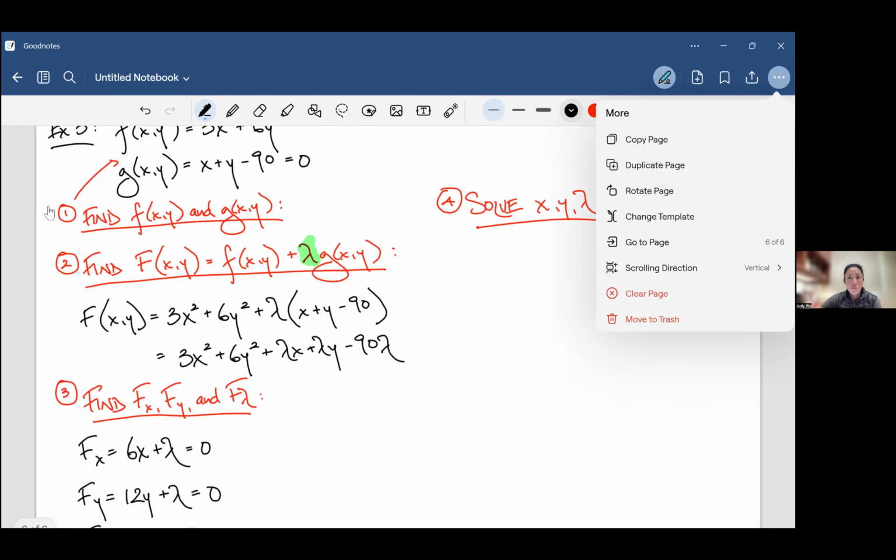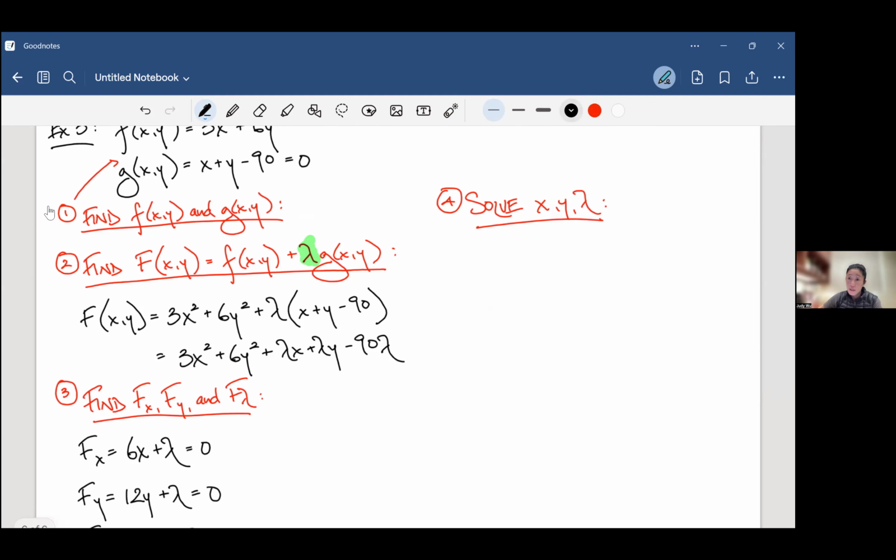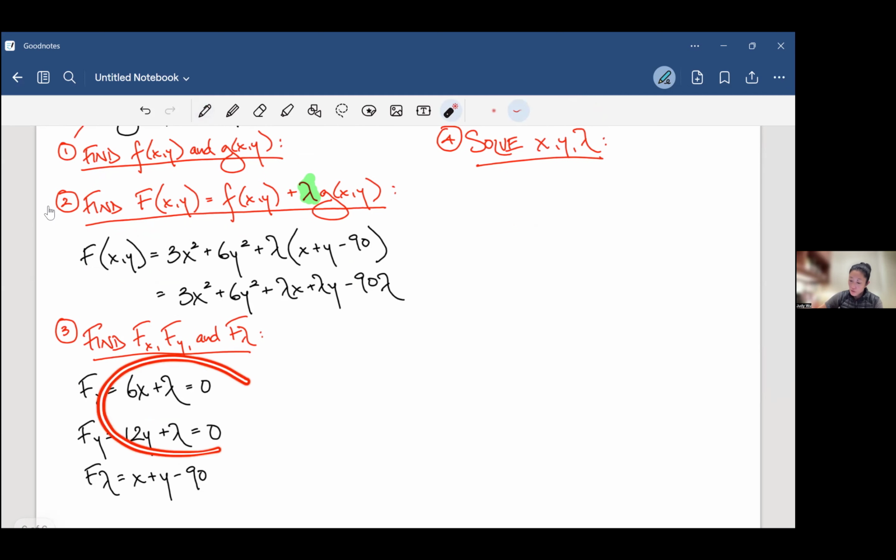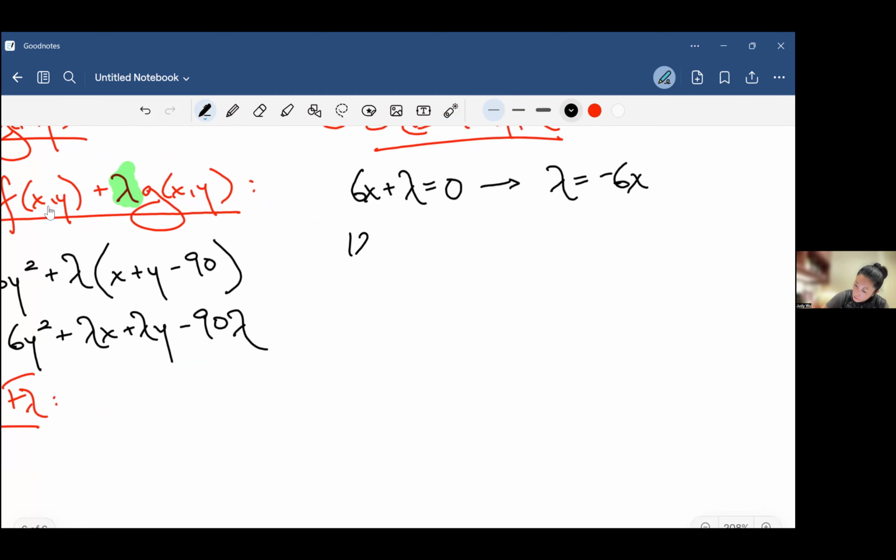One thing I find generally very helpful is to get lambda all by itself in these two equations, so I can usually get x in terms of y or y in terms of x. So 6x plus lambda equals 0 means lambda equals negative 6x. Similarly, 12y plus lambda equals 0 means lambda equals negative 12y.